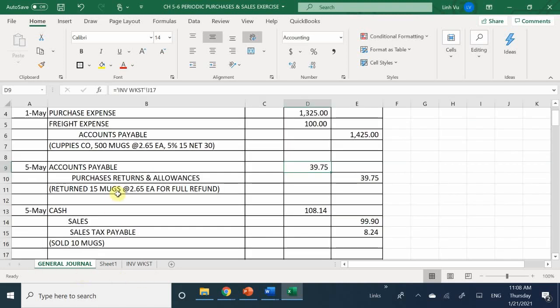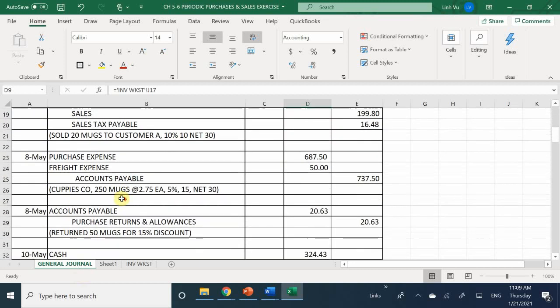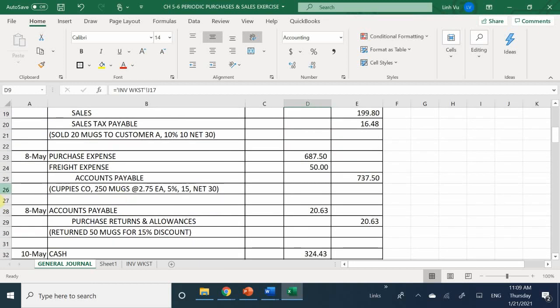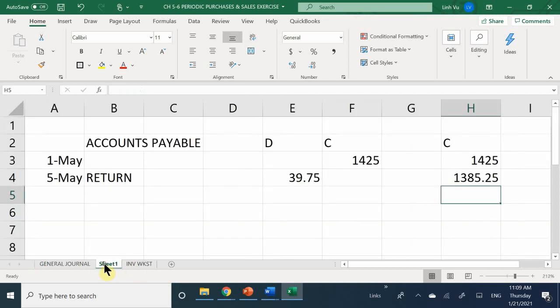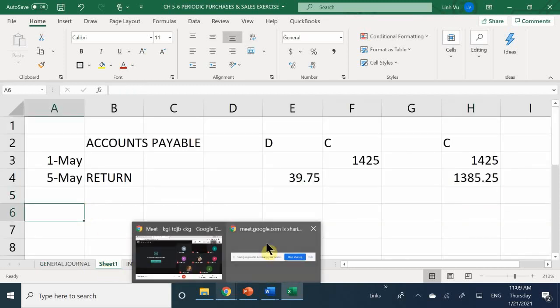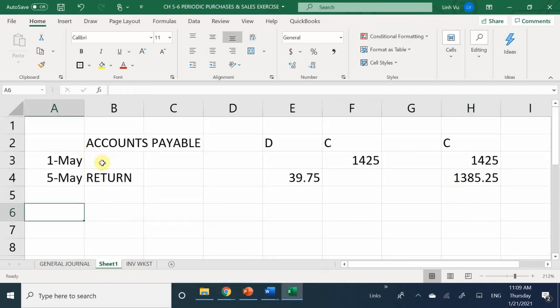Okay. So then as we scroll down, our next purchase was in fact on the 8th of May, which as we can see here, we tacked on another additional bill for the total of $737.50. Okay, so here in my little worksheet, I'm going to skip this real quick so I can keep track of which bill came first.